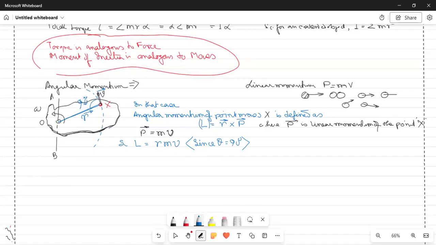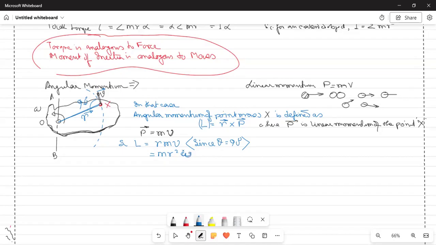So linear momentum of the point X is P, or MV, and V is equal to R omega. So this is also equal to M R square omega, where omega is the angular velocity.